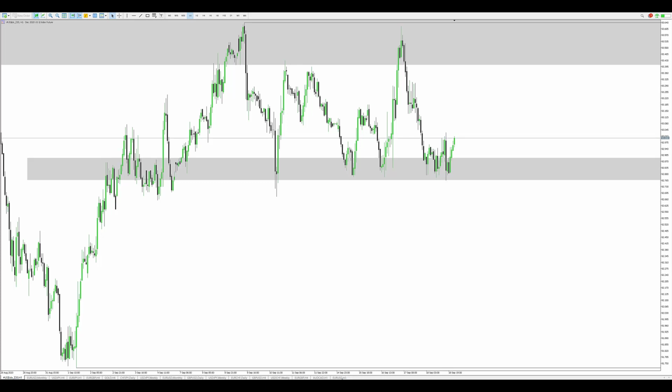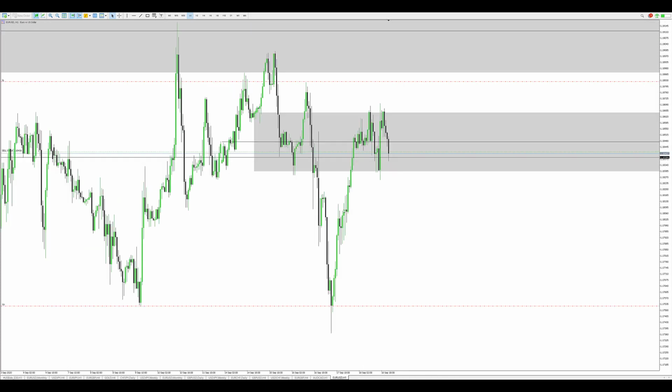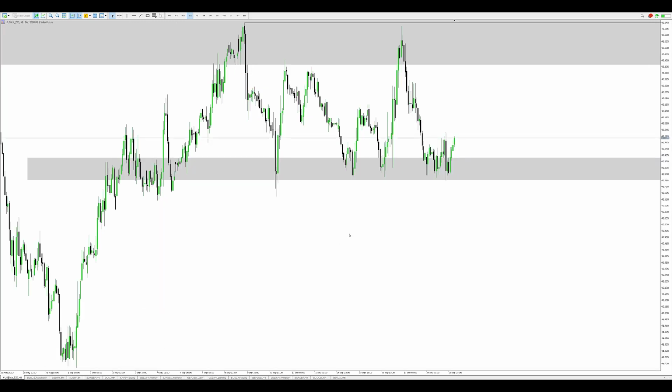By the time dollar gets to 93.40, probably dollar would have been testing these old highs here, and Euro US dollar would be trading these old highs and also bouncing to the upside. So basically that's what I expect the dollar to be doing in the next couple of days, couple of weeks.